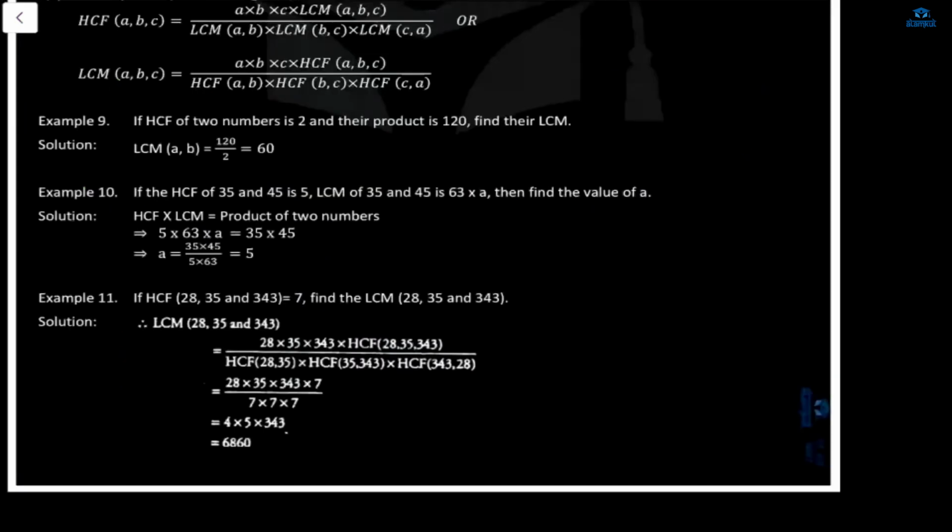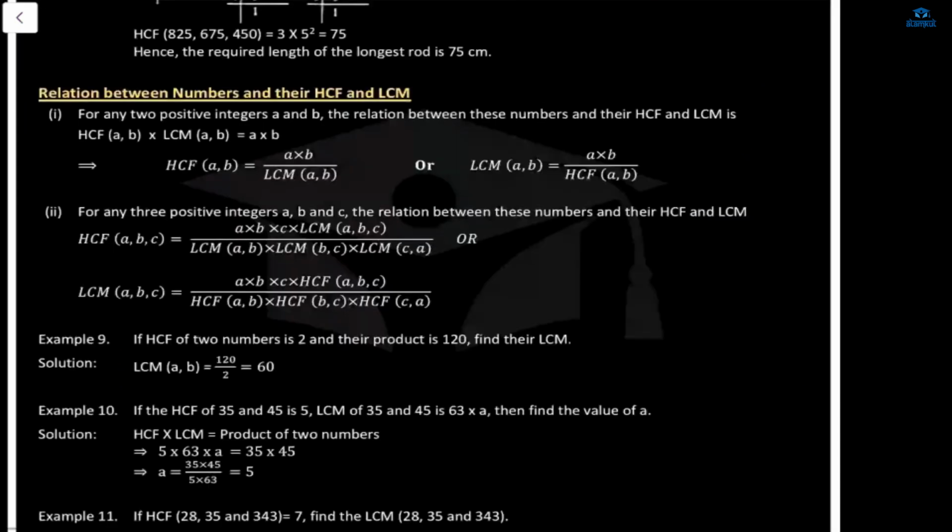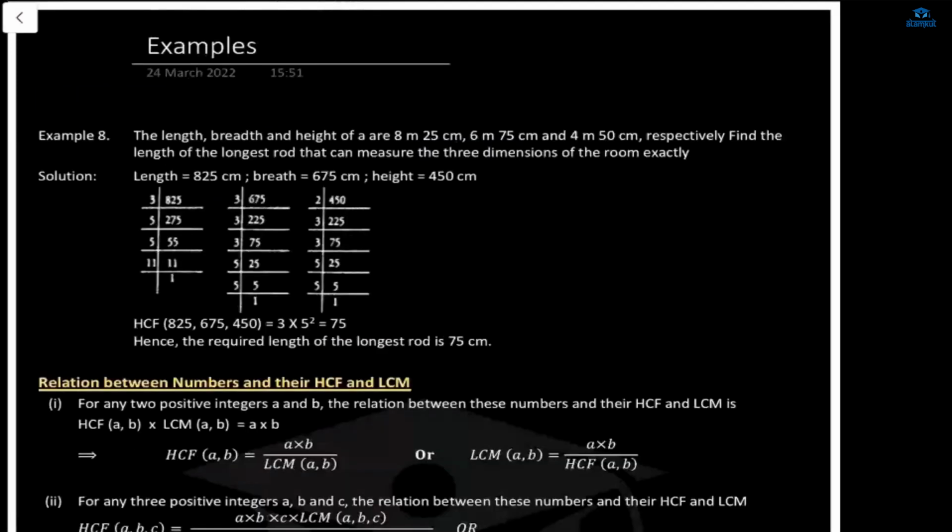Okay. Now we'll see here, and after that, we'll do it on Thursday. The length, breadth, and height of a room are given as 8 meter 25 centimeter, 6 meter 75 centimeter, and 4 meter 50 centimeter. Find the length of the longest rod that can measure the dimensions of the room exactly.